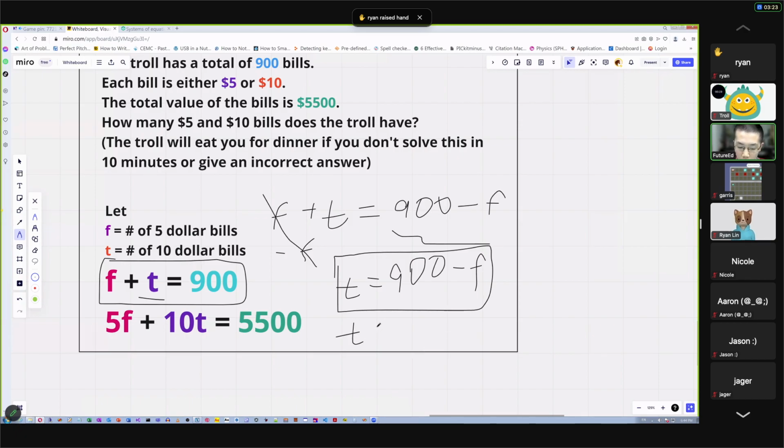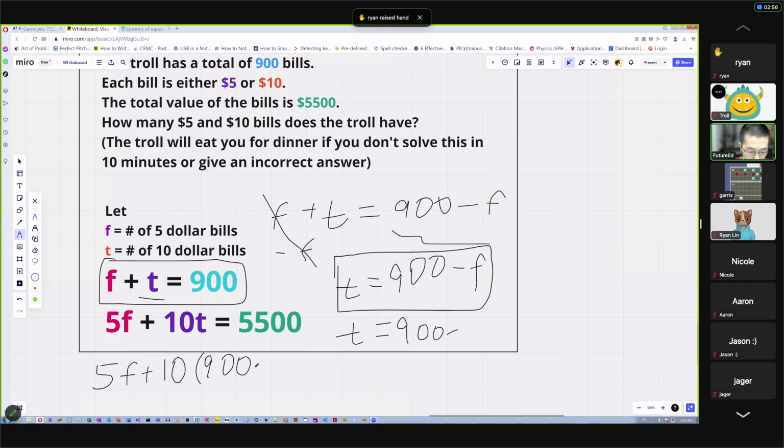Wait, could it be 5F plus 10 times brackets 900 minus F? Ah, that's where you're getting to. So whenever we see a T, we can replace it with 900 minus F, right? So in this case, we have 5F plus 10 times 900 minus F.